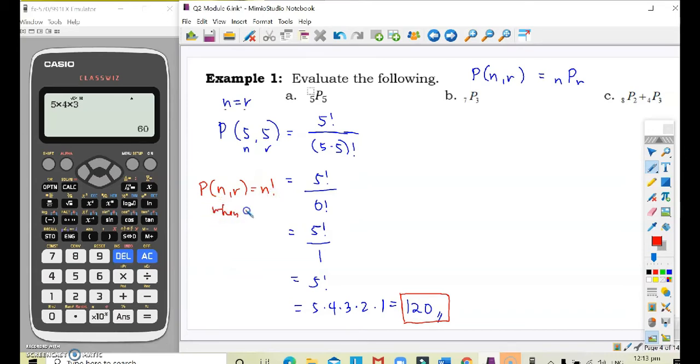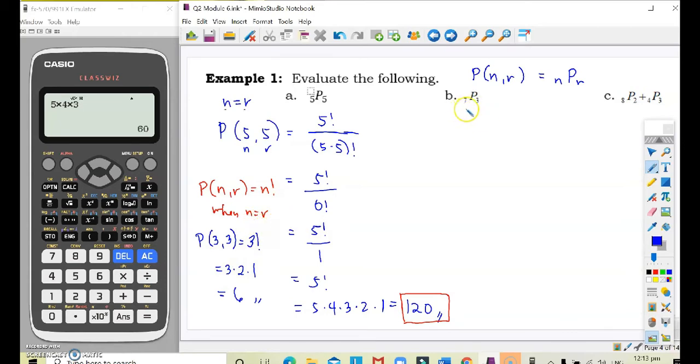Let's have another example. If I ask you to find the permutation of 3 objects taken 3 at a time, your answer would be 3 factorial. And 3 factorial is 3 times 2 times 1, which gives us 6. So, there are 6 permutations.